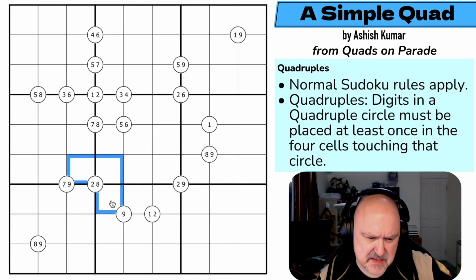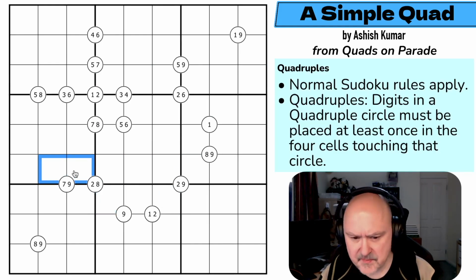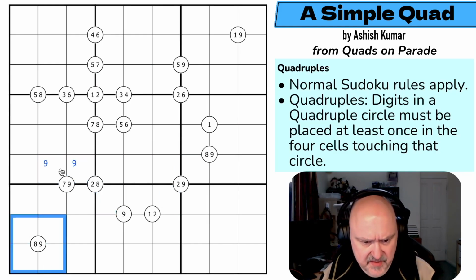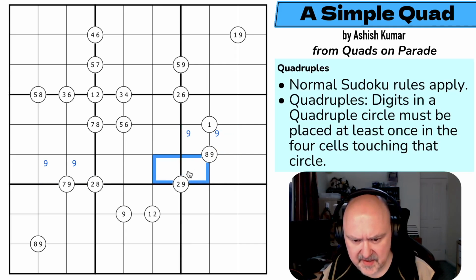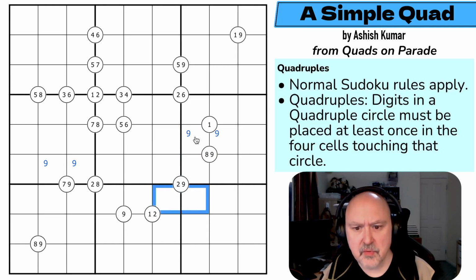No, 9. 9 must be one of those 2, because 9 is around this quadruple, but I can't put it in those 2 without breaking those. So 9 is in one of those 2, so 9 can't be in either of those 2. Right, 9 can't be here.